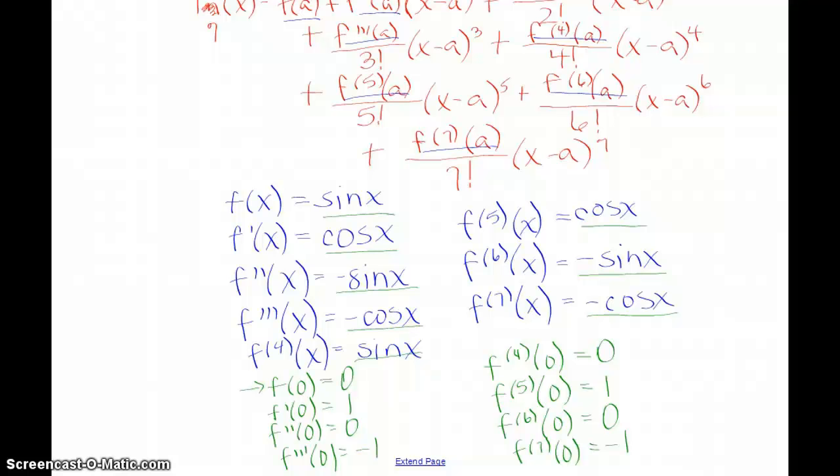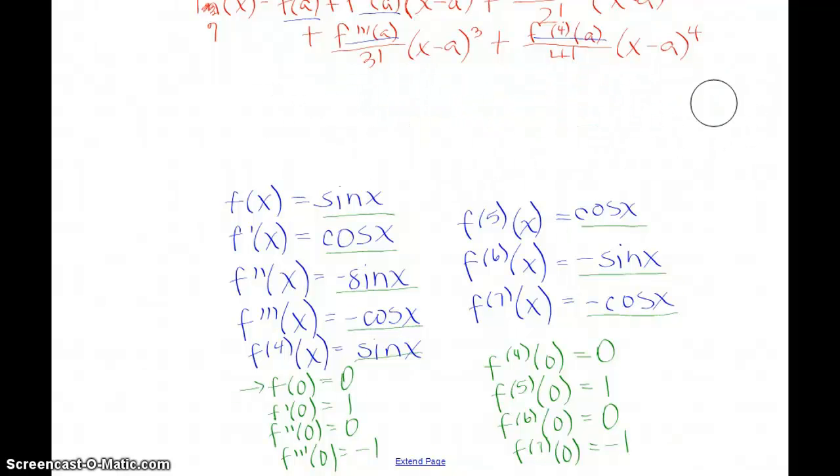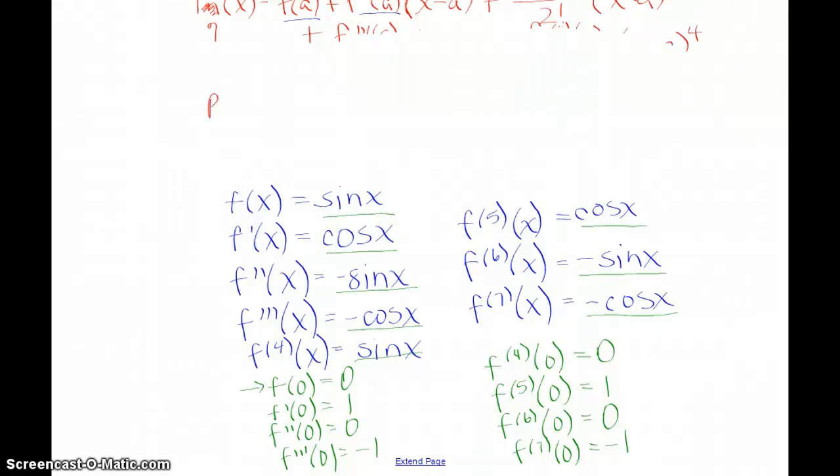So now I'm going to write my 7th degree, p sub 7, my 7th degree Taylor polynomial. I'll come back up here. P sub 7 of x is the output of the function at the point of tangency, that's 0, so I'm not going to write it down, plus f prime of a, which is 1, times x minus a, or I could just as easily write x. The second degree term has a coefficient of 0.